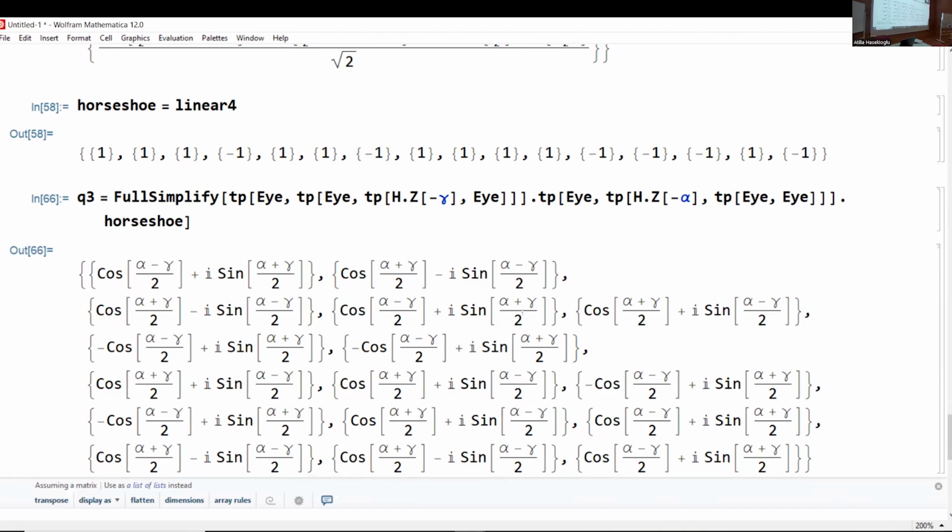Now see when the second and third qubit both are 0. So this case, this case, this case, and this case.